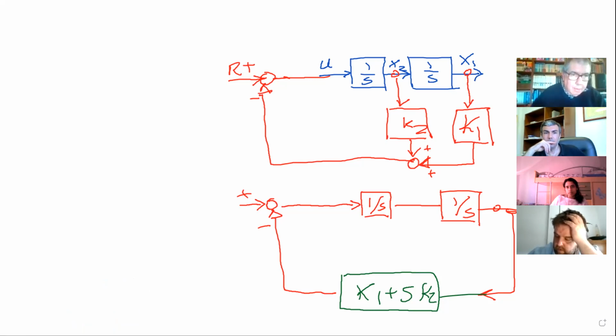Okay. It's open. Now you can compute the transfer function between r and x1. What is the transfer function between r and x1?